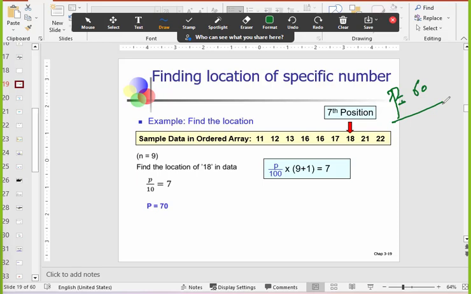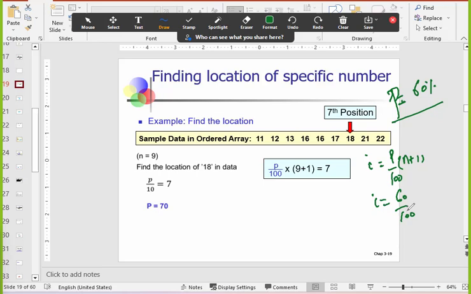Okay, so what I will do, I need I is equal to P over 100 times (n plus 1). So I is equal to 60 over 100, and that will be multiplied by 10. So the 0 is cancelled here and this 0 is cancelled here.